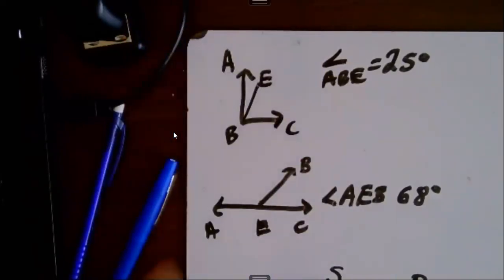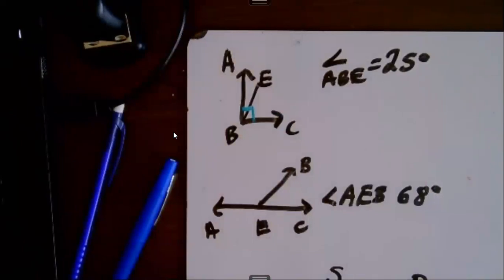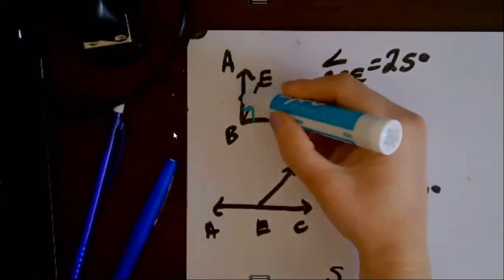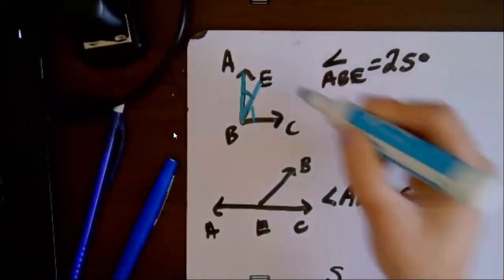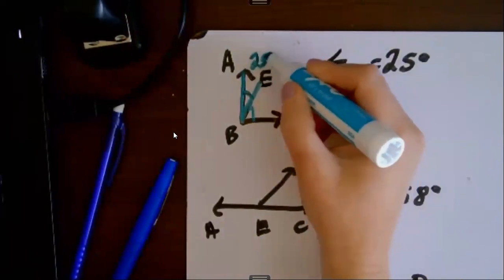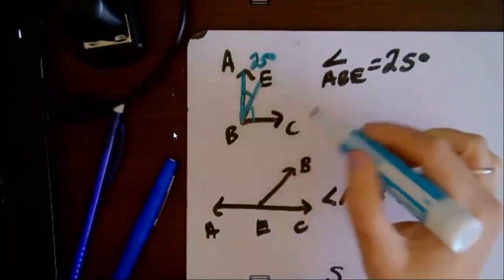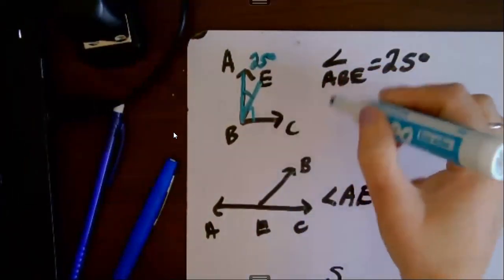And so this is a 90-degree angle right here, which is important. It doesn't have a little square box, but put it there. So they told us that ABE, this angle right here, is 25 degrees. And they want us to know what this angle is right here, call it EBC.